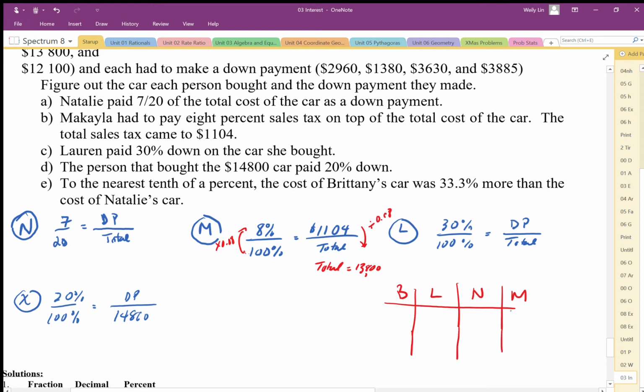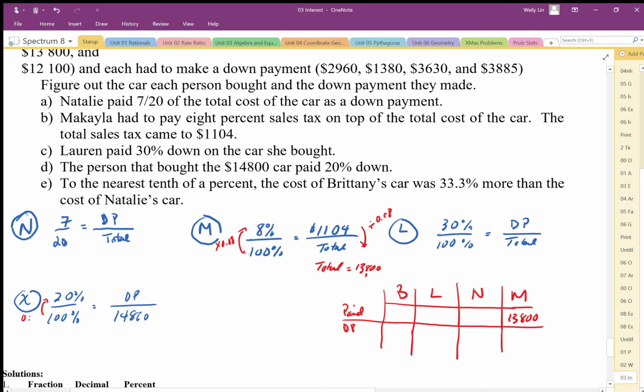We know that Michaela paid, and there are 2 parts here: the total paid and then the down payment. So Michaela paid 13,800, and we don't know what her down payment was. We do know the down payment for the 14,800, so we're going to solve this part first.